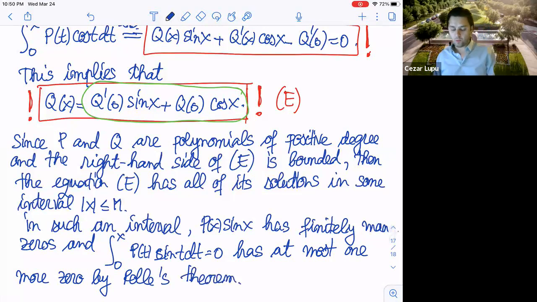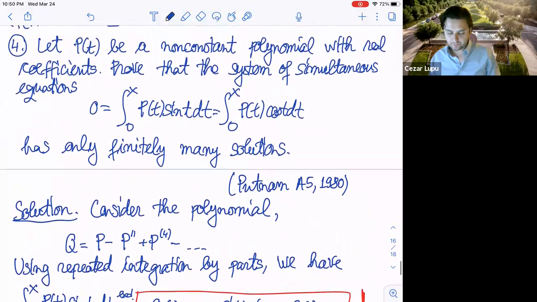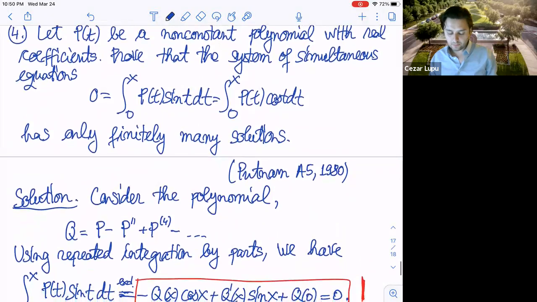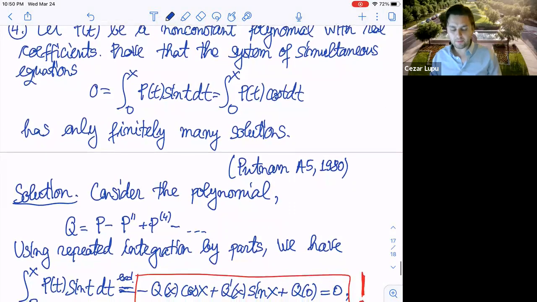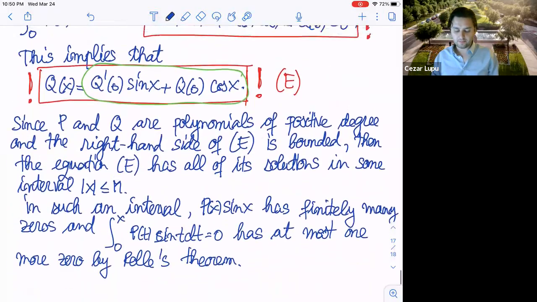And why do I say by Rolle's theorem? Or by the mean value theorem if you want, it doesn't matter. And that's it.